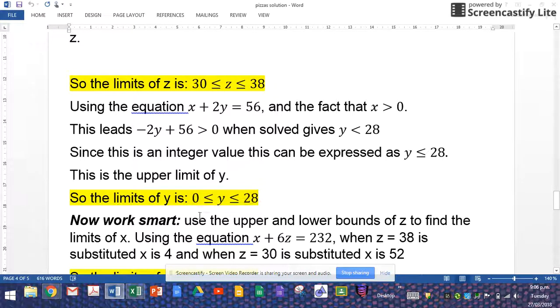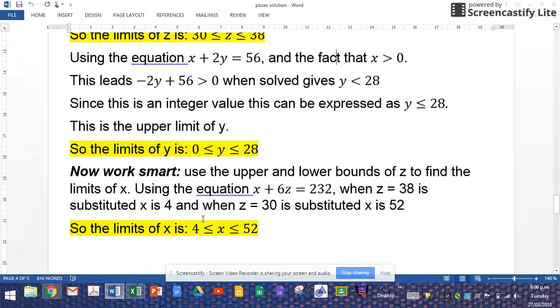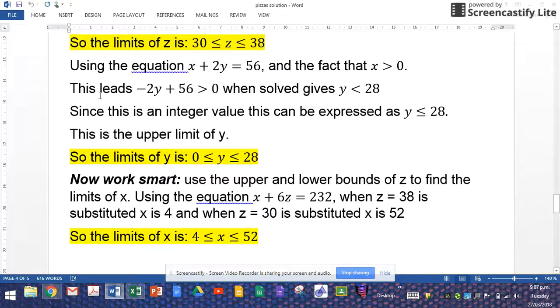In fact, Y is like a negative number, so practicality applies. Y must be less than 0. Working smart, use the upper and lower bounds of Z, plug it in that equation there. You end up getting two different values for X. So that becomes the lower value, that becomes the upper value. And we have these highlighted values, which give you the limits of what X has to be in between.